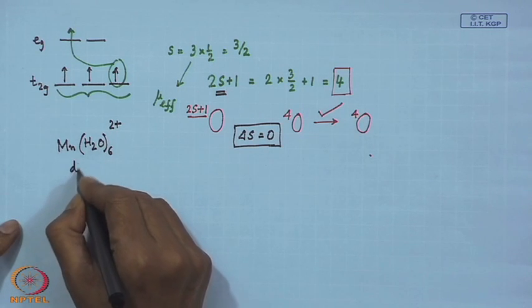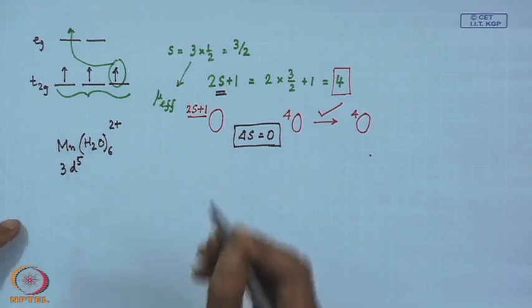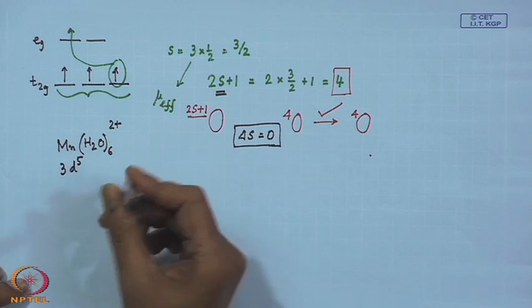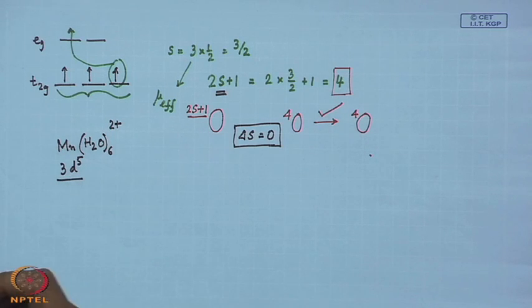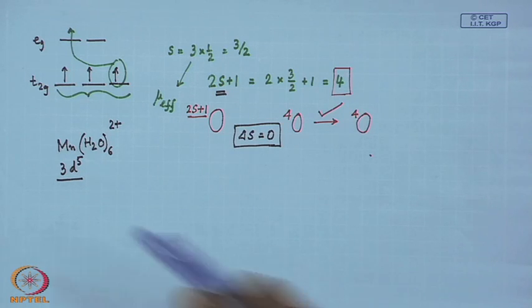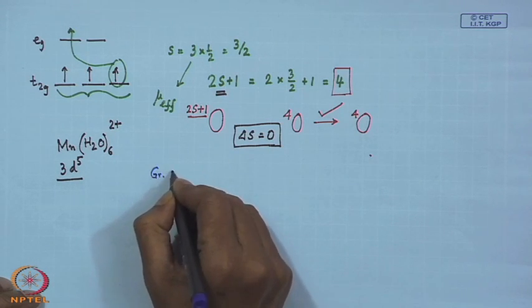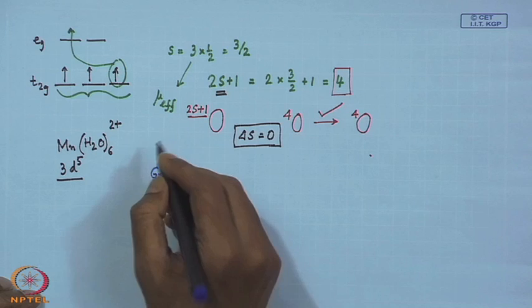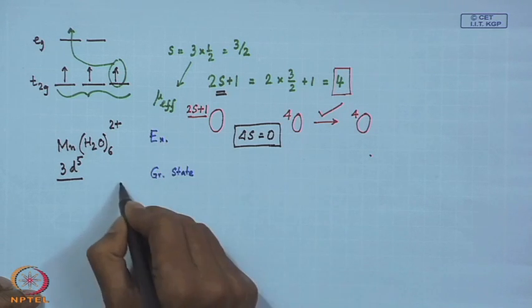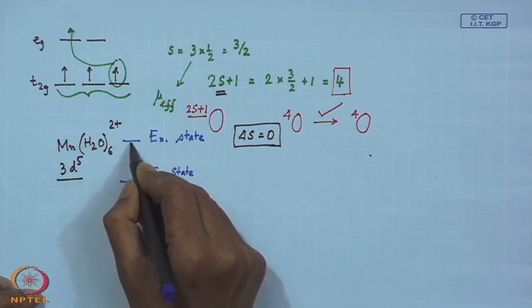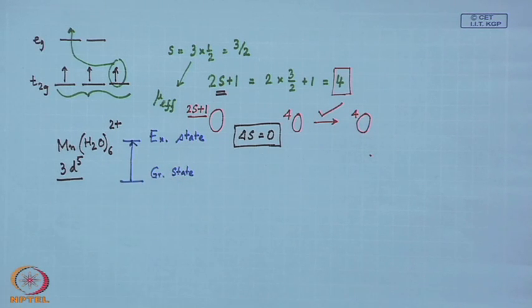it is a d5 system. In a multi-electronic system, we have the term symbol and the electronic state required for the transition. So, we have the ground electronic state to the excited electronic state and the corresponding transition.